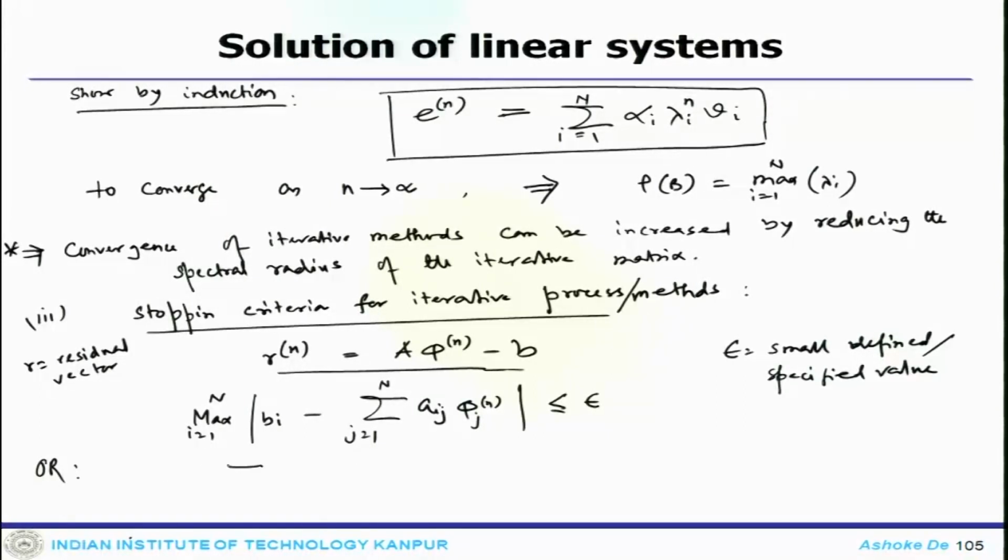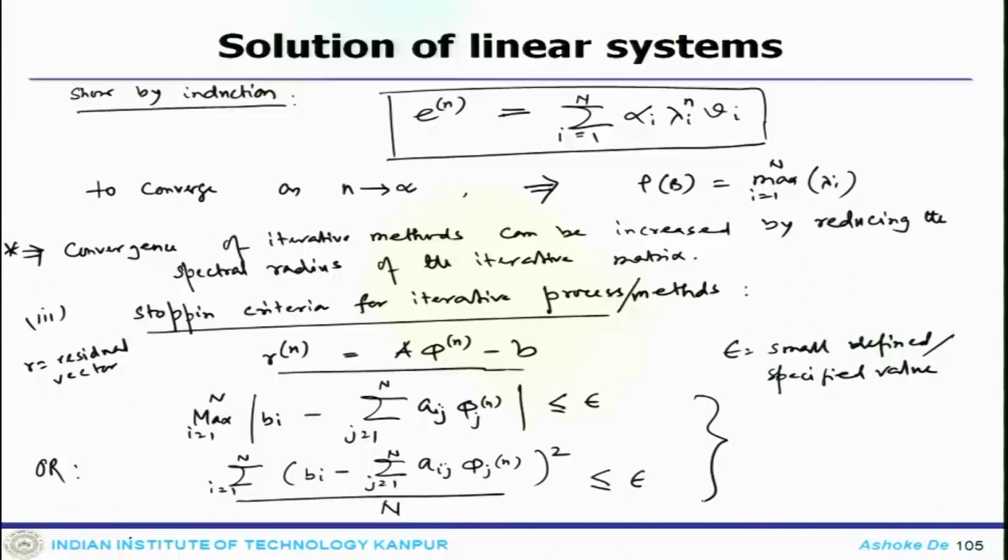So, in that case it could be the summation over i equals 1 to n of b i minus the summation of j equals 1 to n a i j phi j, squared, divided by n, less than or equal to epsilon. So, either of these criteria can be used for the convergence limit.